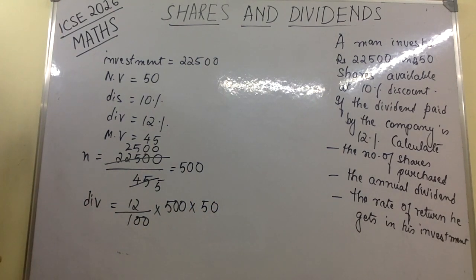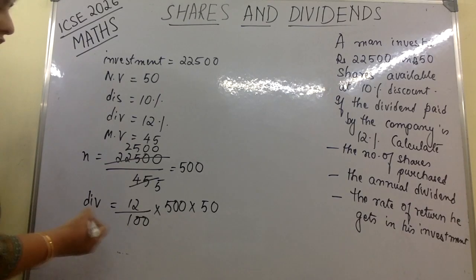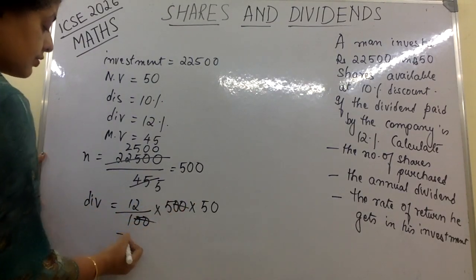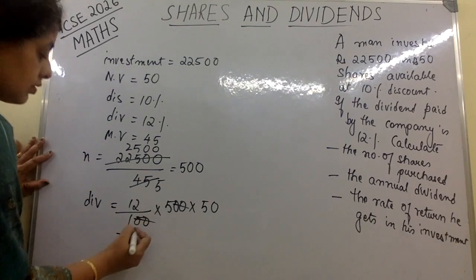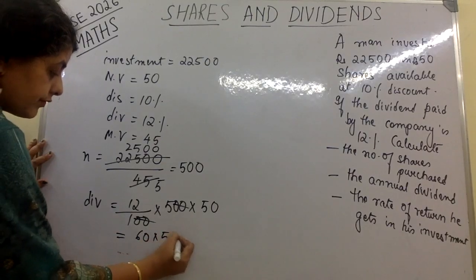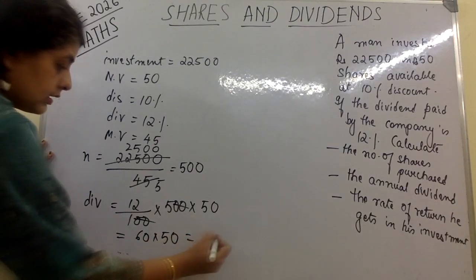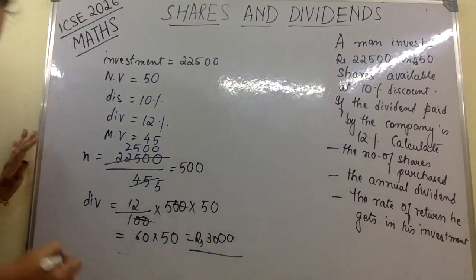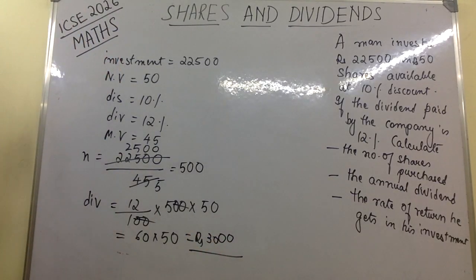So what dividend did he get in a year? So here it is, 60 into 50, that is 0, 0 and 30 rupees. 3000 is his annual dividend.